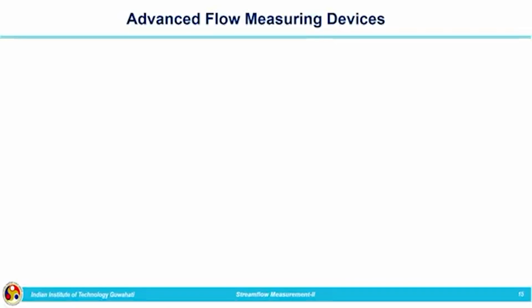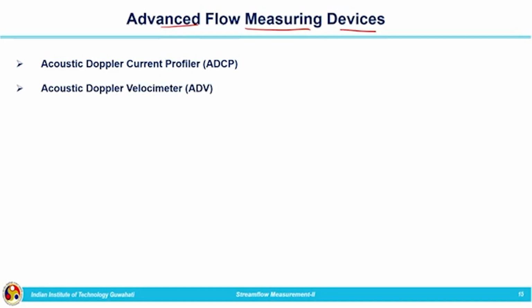installed within the stream. Now, coming to the advanced flow measuring devices, nowadays we have so many advanced techniques. Some of them are the acoustic Doppler current profiler, represented by ADCP, and the acoustic Doppler velocity meter, ADV.